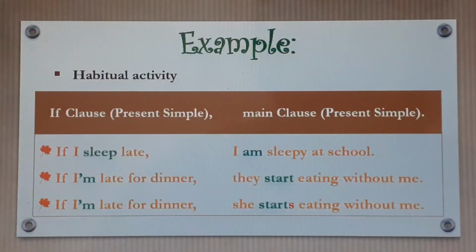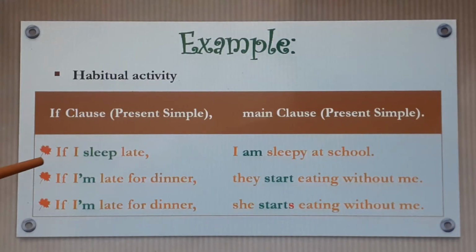Here, the first example, if I sleep late, I'm sleepy at school. The second example, if I'm late for dinner, they start eating without me. Okay, the third example, if I'm late for dinner, she starts eating without me.